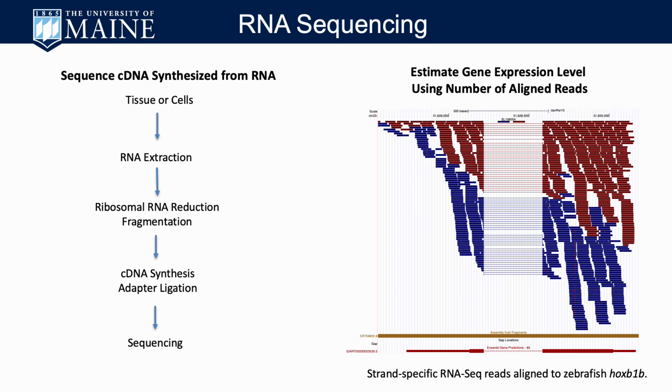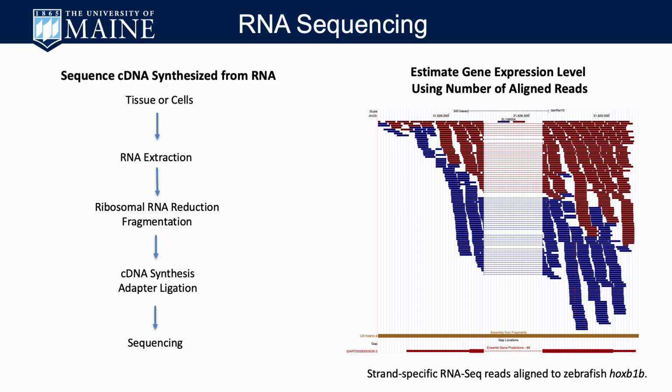RNA sequencing also allows us to estimate the level of expression of every gene that's expressed by a given cell or tissue. And the idea is that the number of sequencing reads generated from an RNA sequencing experiment is proportional to the level of expression of those RNA molecules.